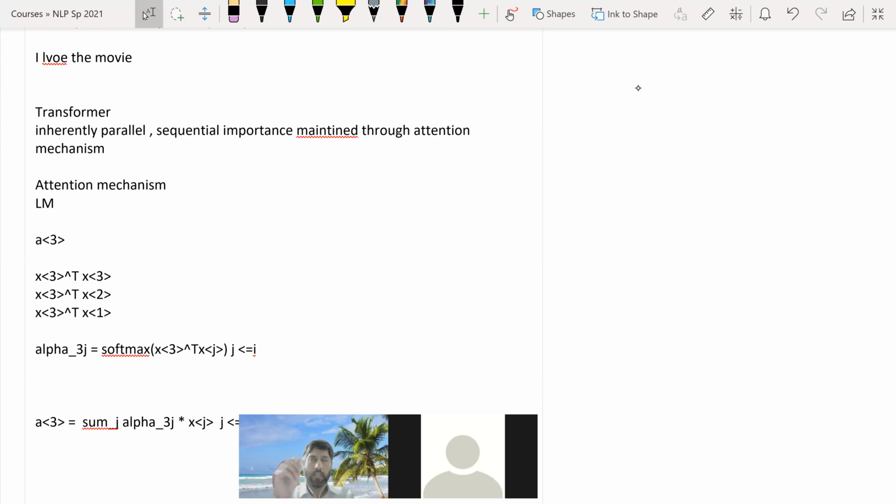Of course इसमें learning कोई नहीं है, learning के लिए हमें फिर additional parameters डालने पड़ेंगे, but this is the basic idea of attention. कि अब at point x3 to get a3, we are taking the weighted output of the previous x1, x2, x3, and those weights are computed as alphas, which are scores, and they are computed as the dot product of each of those pairs of vectors. ठीक है?